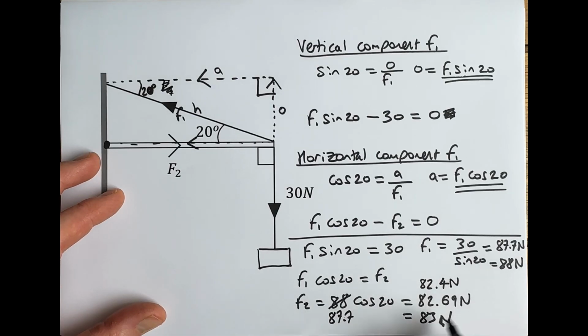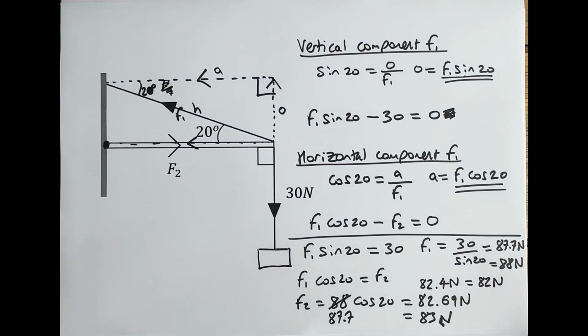So just something to watch out for. And then obviously if you rounded that to two significant figures, you'd get 82 newtons. So a slight disparity there, but as long as you show your workings, the marker in your A-level exam would be able to figure that out, and they would give you the marks, okay?